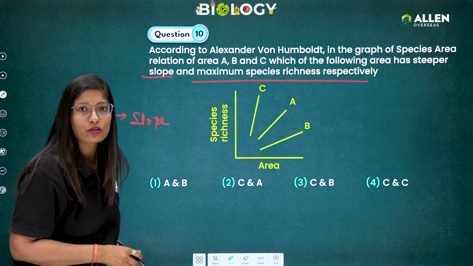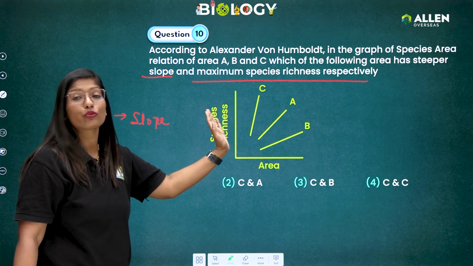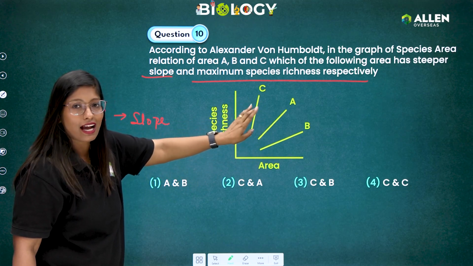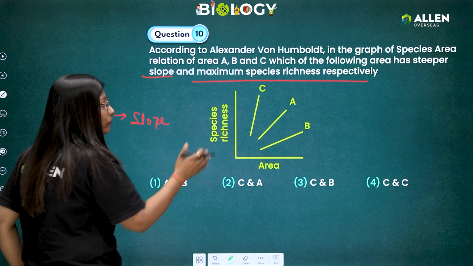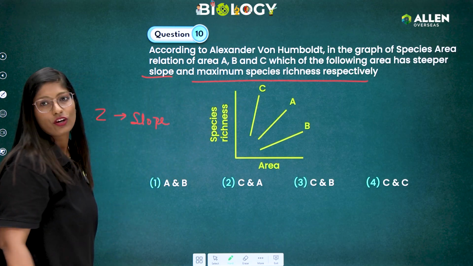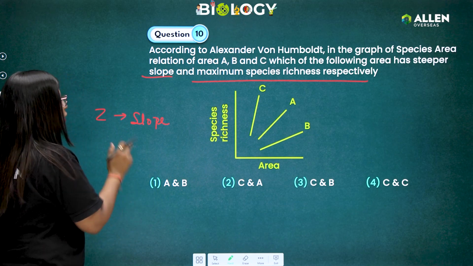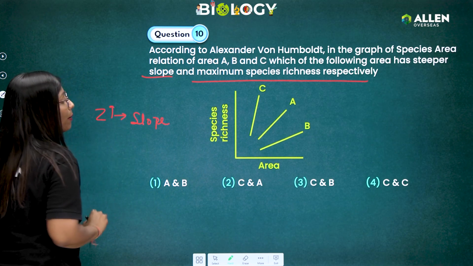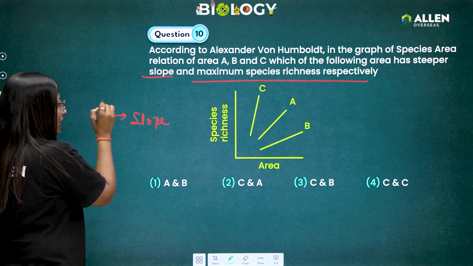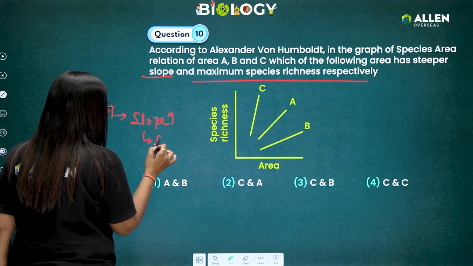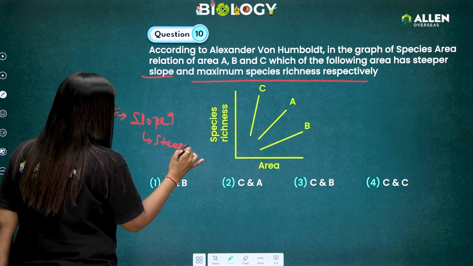Now, the steeper the slope is, it means it is closer to the y-axis, right? Now, here if you will see, among the 3, C graph is the one which is closest to the y-axis. So we can say that the slope is maximum for C. So we can say Z value is also maximum for C, and when the Z value increases, the slope increases, and we know that if slope is greater, the steepness increases.